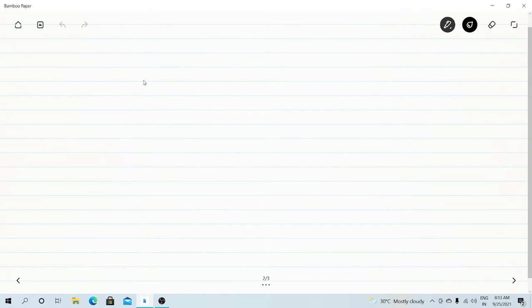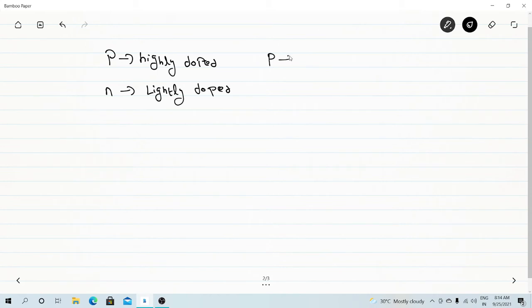So what we are doing: the p side is highly doped, while the n side is lightly doped, and another p side is moderately doped. So this thing we have to keep in our mind.